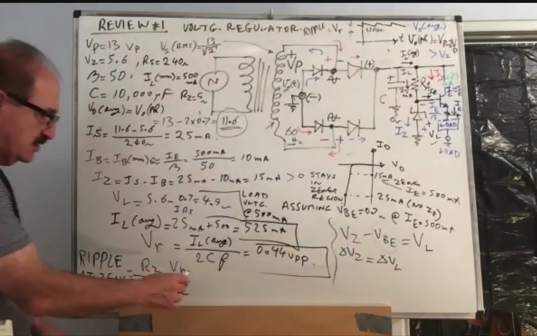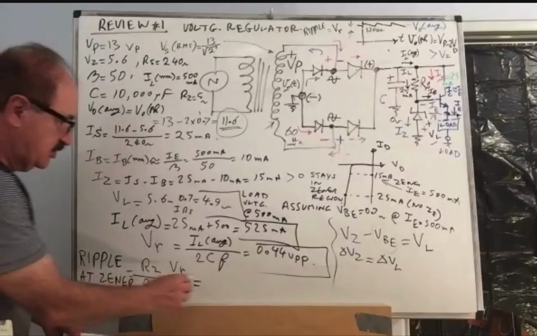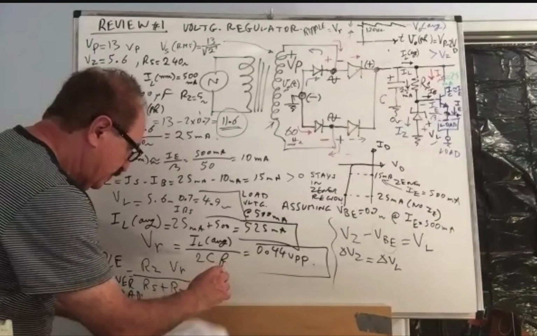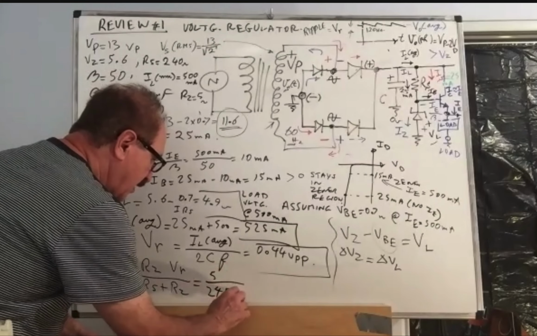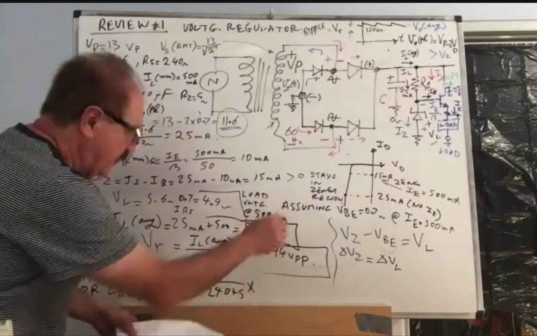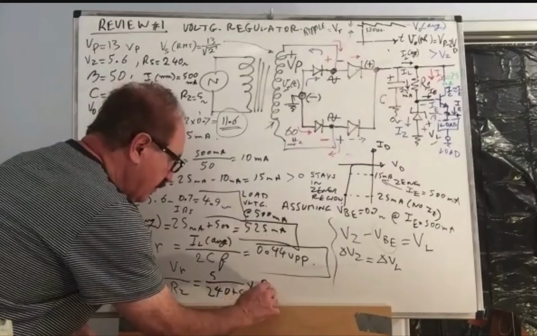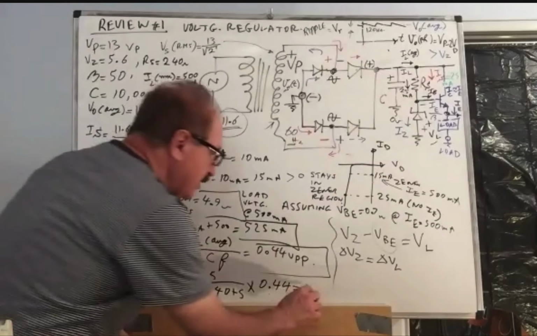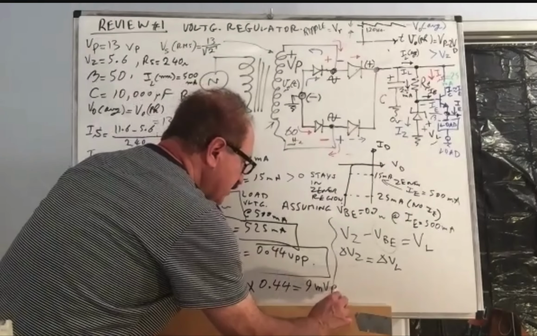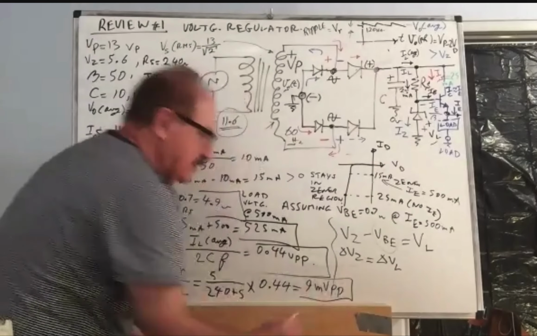So guess how much it is. RZ is 5 ohm over 240 plus 5, multiplied by 0.44. So the ripple is only 9 millivolt peak to peak. This is fantastic.